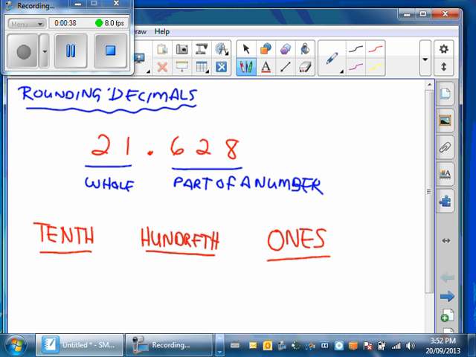Now, when we take a look at this, first of all, let's identify the different place values that are represented.